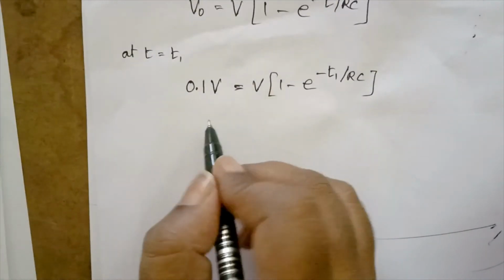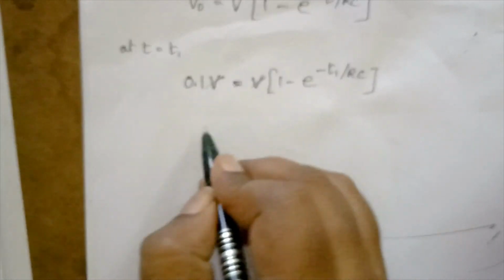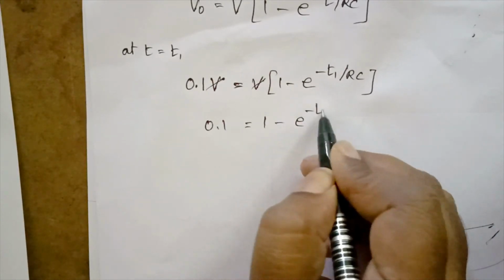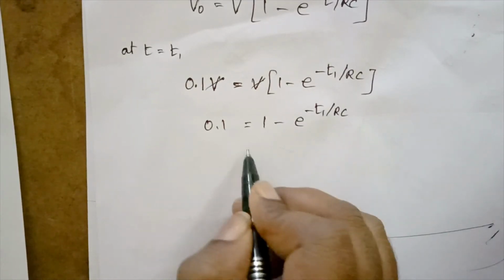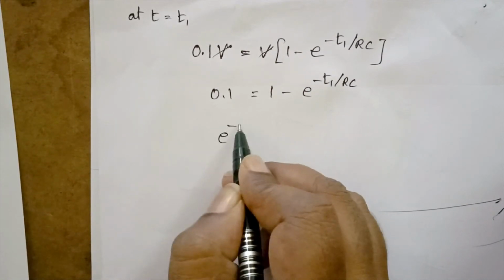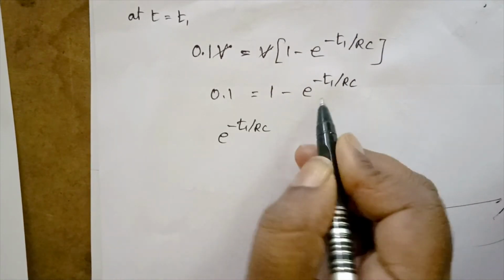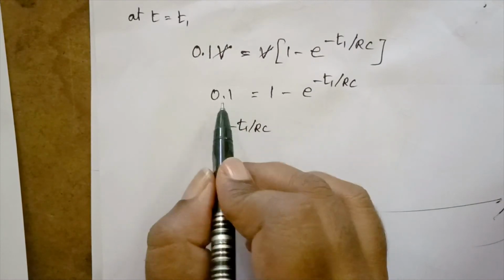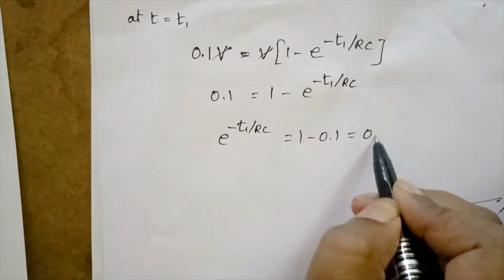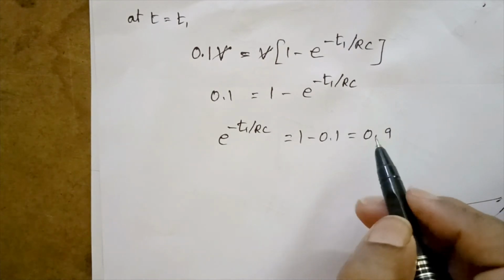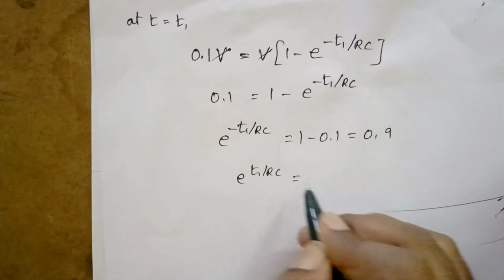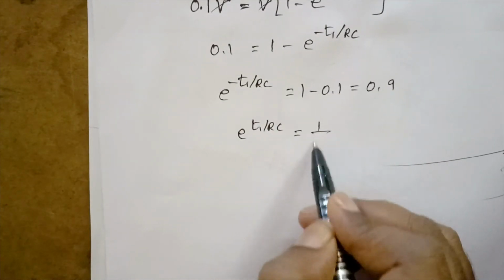Simplify this equation. So V and V get cancelled here. 0.1 is equal to 1 minus e power minus T1 by RC. So I write this as e power minus T1 by RC, taking this one to the left side and this one to the right side. Then it becomes 1 minus 0.1, that is 0.9. So e power T1 by RC is equal to 1 divided by 0.9.